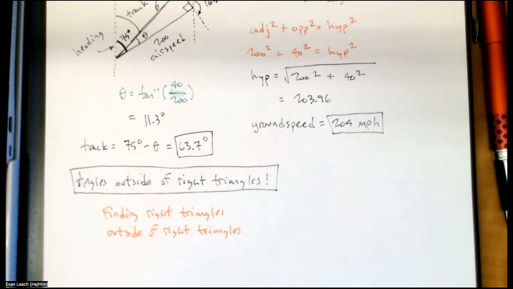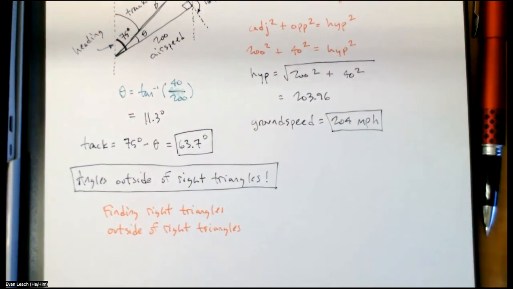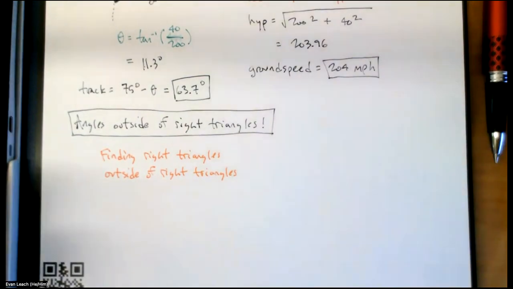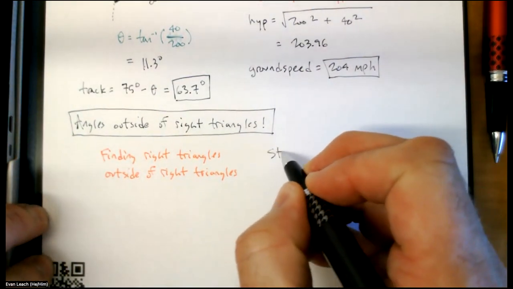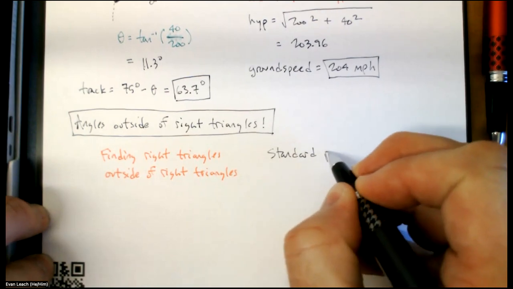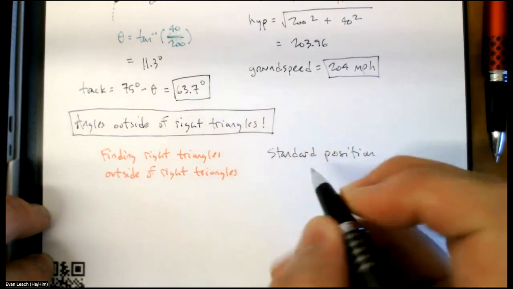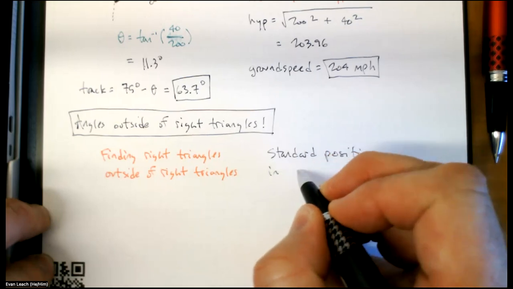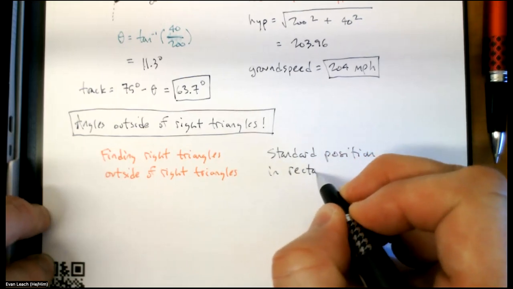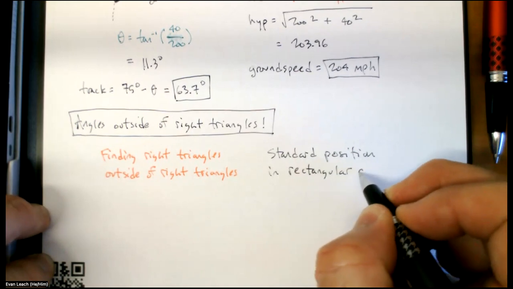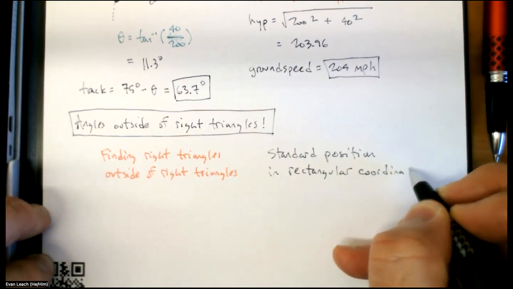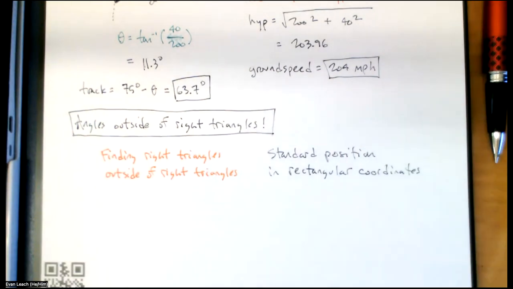Let's define angles in standard position on Cartesian coordinates. We want to define angles in standard position in rectangular coordinates.